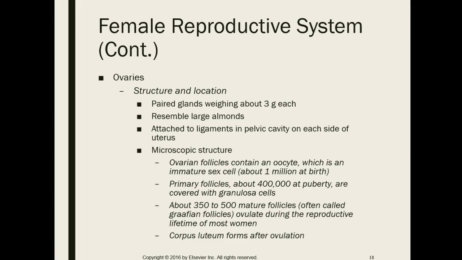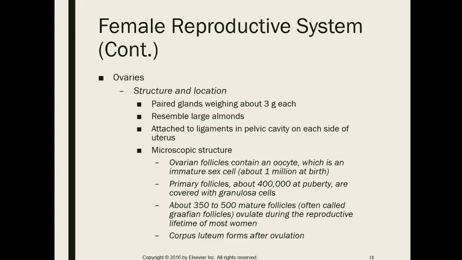Inside the ovary, we will find an oocyte, which is an immature sex cell. Females start with about 1 million at birth. By the time they reach puberty, those oocytes have developed into primary follicles, and we have about 400,000 of those.